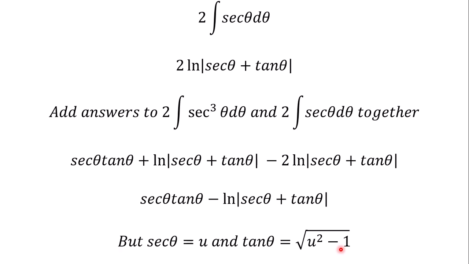So tan theta is equal to this one, and secant theta is equal to u. Wherever I see secant, I'll just put u there. Wherever I see tangent, I'll just put this one there. So let's replace secant theta and tan theta with u, and then square root of u squared minus 1.